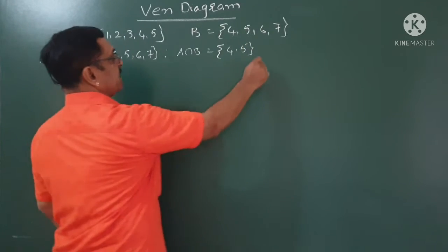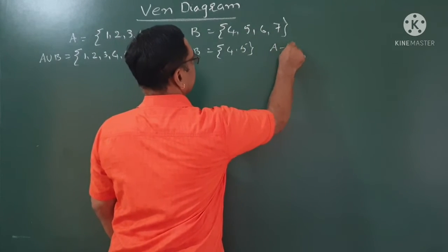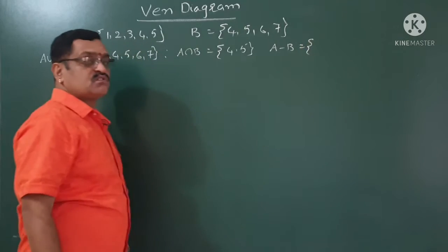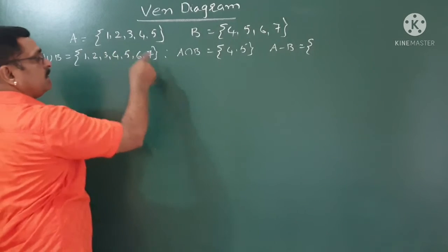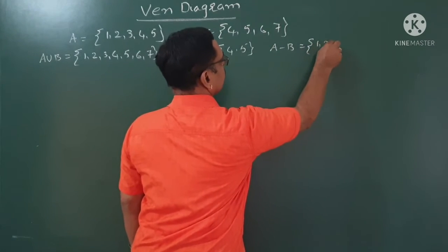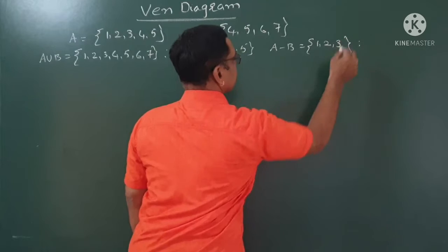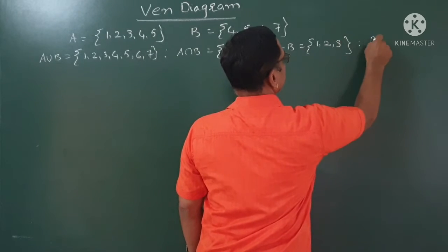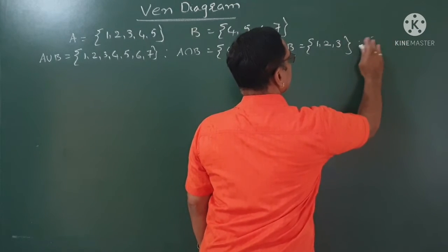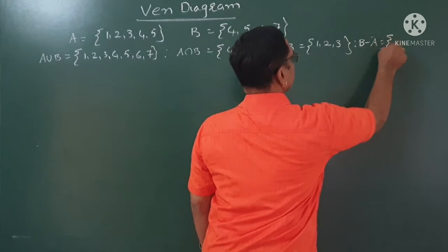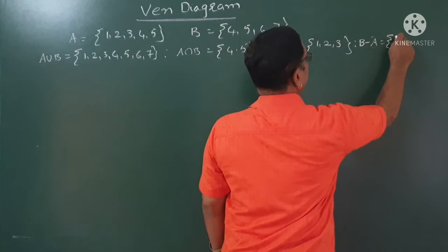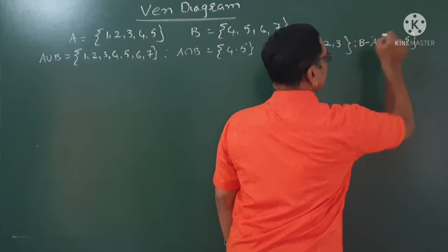Next one, what is A minus B? That means the elements which belong to A but not B. What are they? 1, 2, 3. Similarly, what is B minus A? 6 and 7.